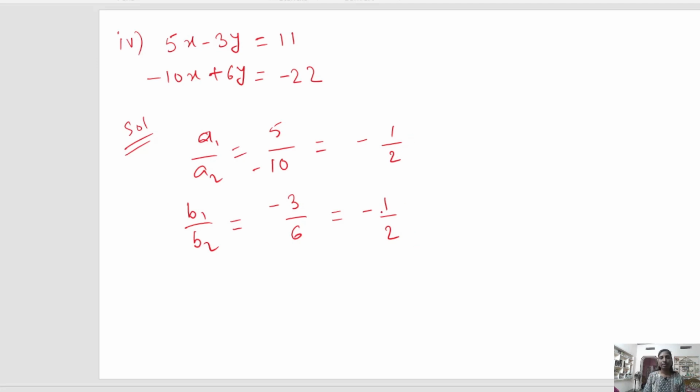So here a1 by a2 and b1 by b2 are equal. Let's see c1 by c2. c1 by c2 is equal to 11 by minus 22, which is equal to minus 1 by 2.